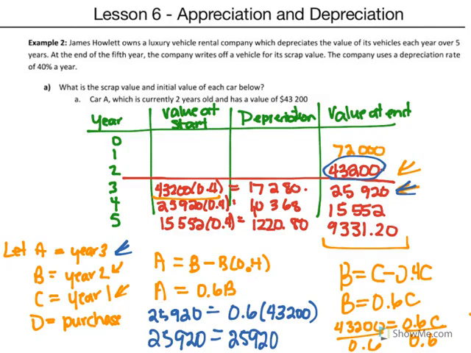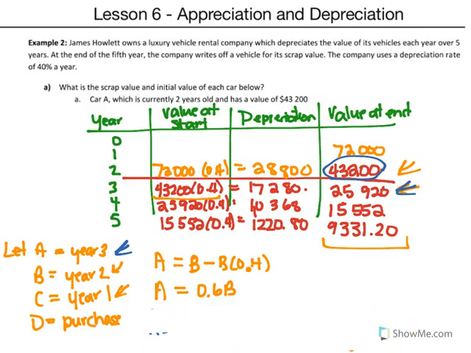And to check this, if we take $72,000 and times it by 0.4, we get 28,800. And when we subtract those numbers, you get 43,200.